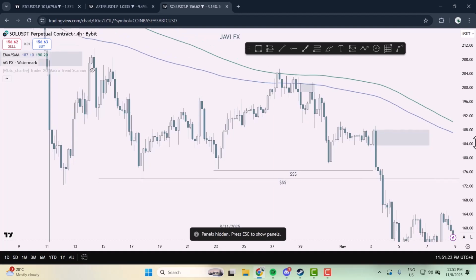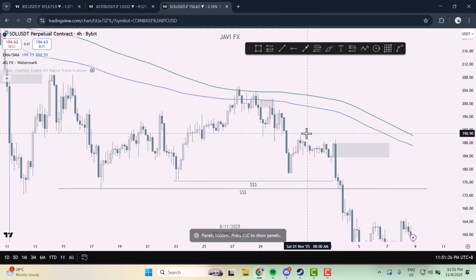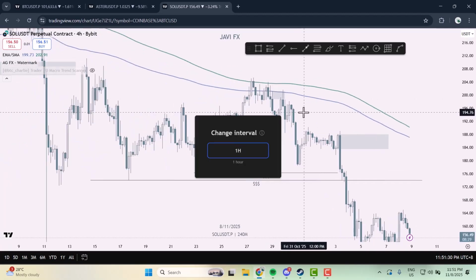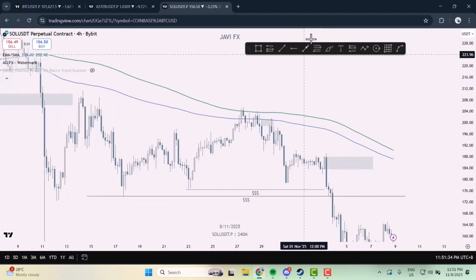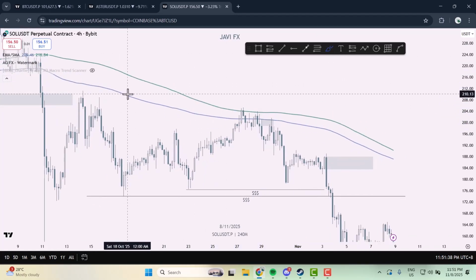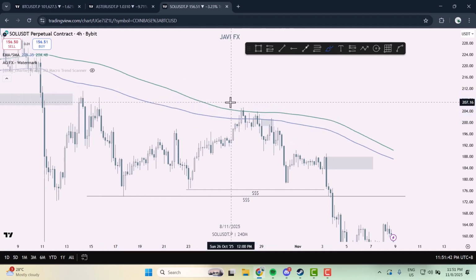This is a good example of how you can be right, but price just isn't in your favor. On the 4-hour, clearly bearish. This is the 4-hour moving average, and we're clearly projecting.